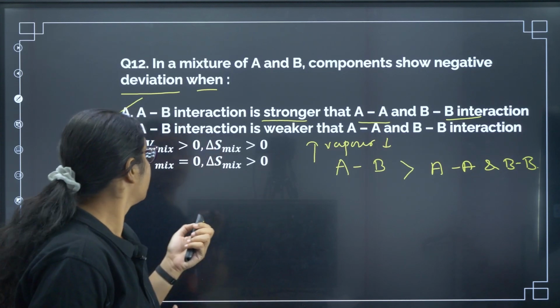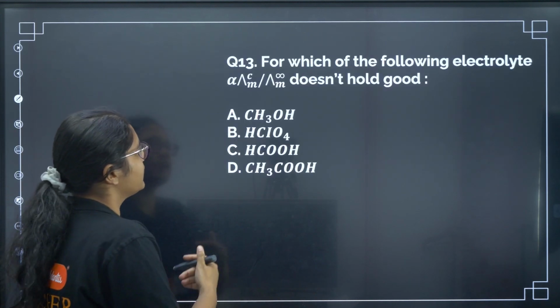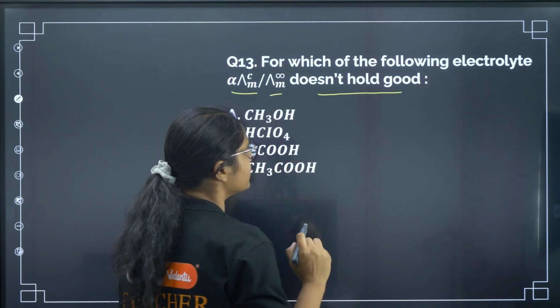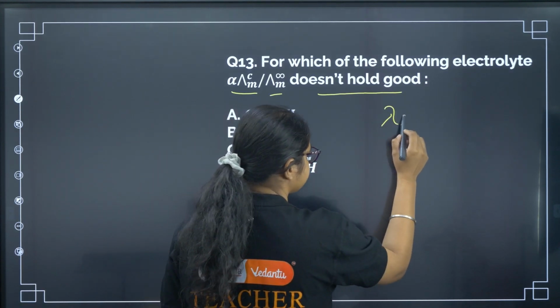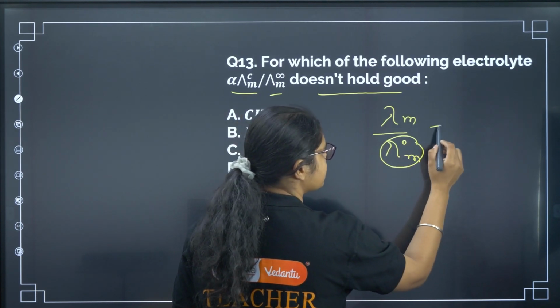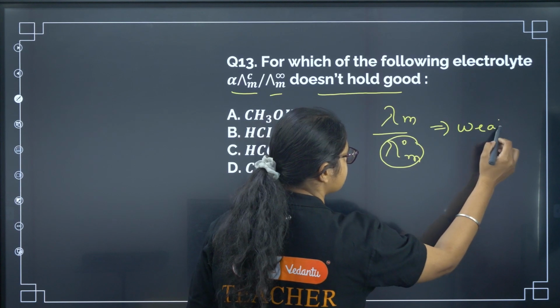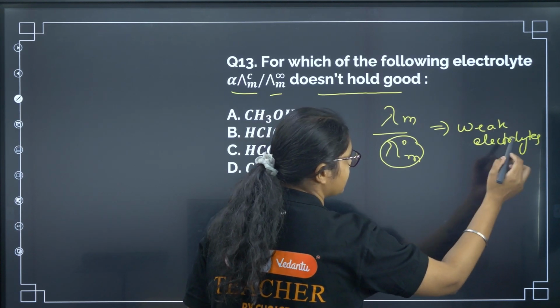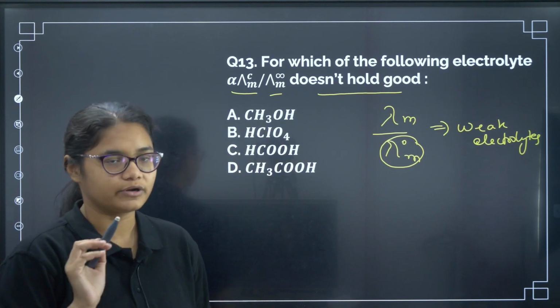Next question, for which of the following electrolytes does lambda m by lambda naught m not hold good? This one is limiting molar conductivity. This formula is only applicable for weak electrolytes. We can calculate the limiting molar conductivity of weak electrolytes using the Kohlrausch law.